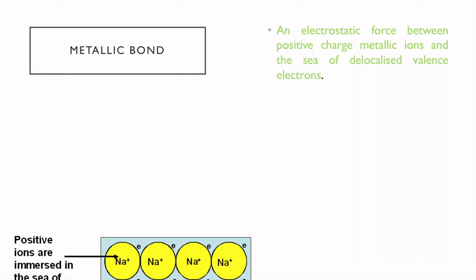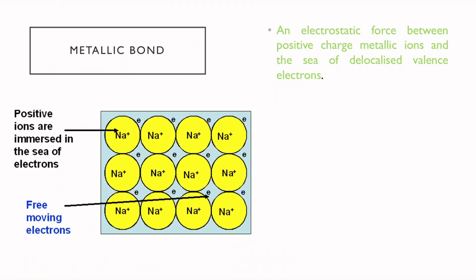Okay? So, look here. Your metal, you have positive ions, sodium plus ions. You have the positive ions, and you also have the free moving electrons. The electrons are freely moving while the metals are not.